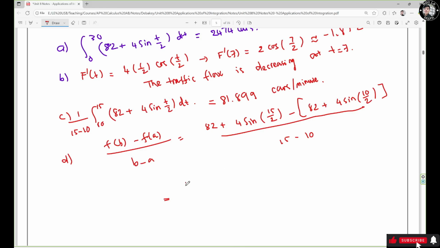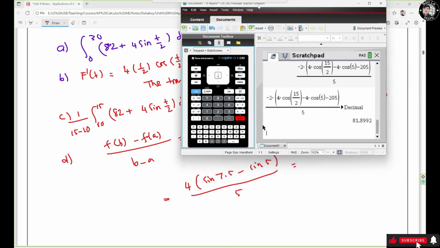So I have 4 times sine of 15 divided by 2, which is 7.5, minus sine of 5, factoring the 4 out, over 5. So I'm going to bring up the calculator.